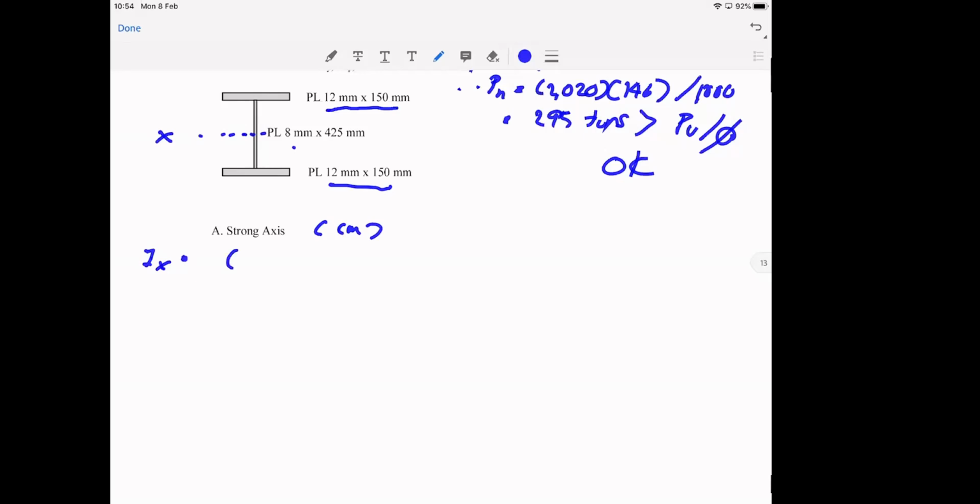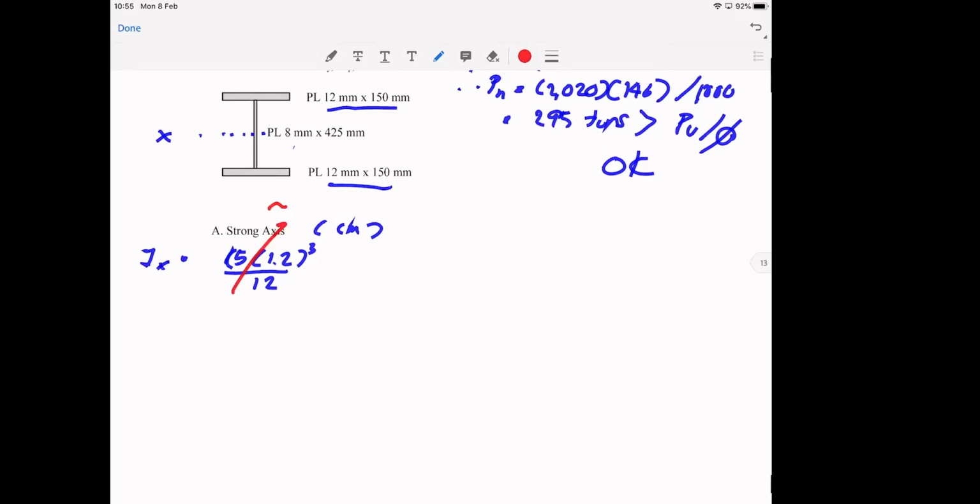Generally, the moment of inertia of the flange itself is 15 multiplied by 1.2 cubed over 12, right? But this is 1.2 to the power of 3, so it's pretty close to 0.